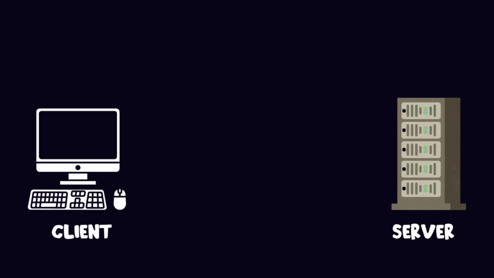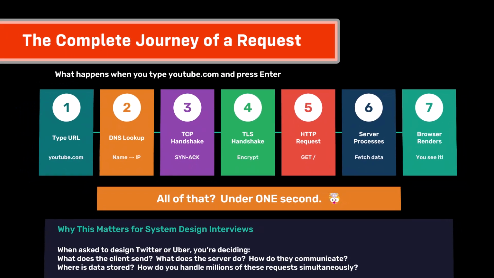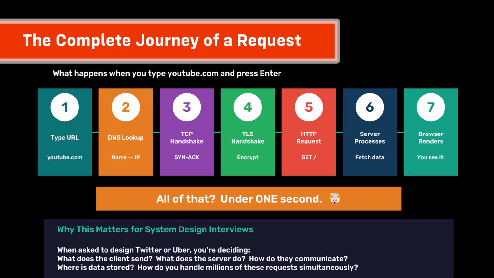Let's trace the complete journey one more time quickly. So you type youtube.com. Your browser calls DNS to translate the name to an IP address. Your browser uses that IP address to initiate a TCP connection with the three-way handshake. If it's HTTPS, and it always should be, a TLS handshake encrypts the connection.